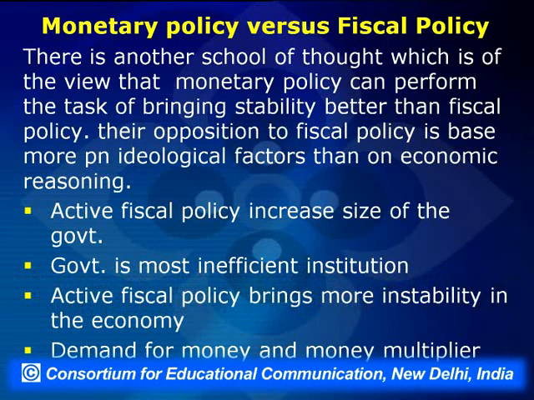The basic argument of the monetarists is that an active fiscal policy will again lead to an increase in the size of the government, and for them government is the most inefficient institution and its role should be minimized in the economy. Markets are very efficient. As I may explain to you, monetary policy also impacts aggregate demand in an indirect way.